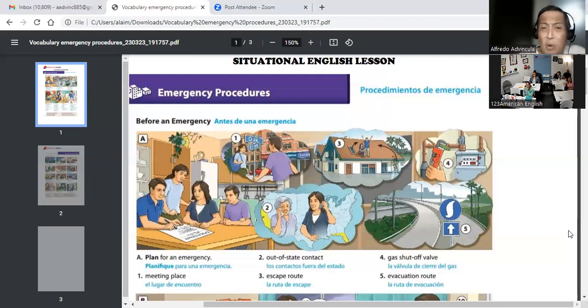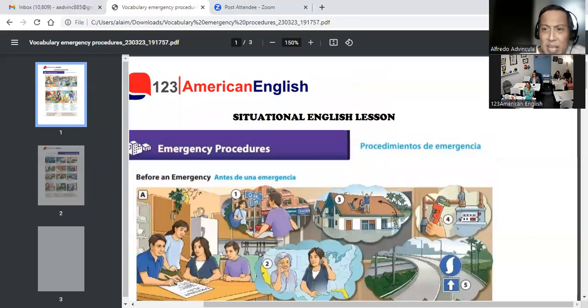So these are some important things that we can see here at the top of our diagram, guys, when we think about things that we should prepare for before an emergency. So, okay, let's go down a little bit.